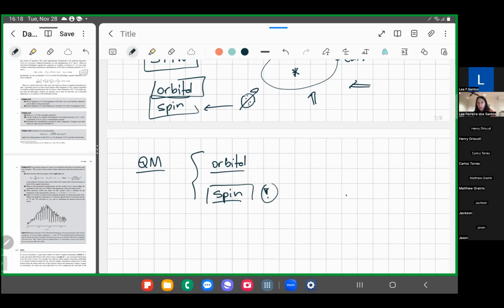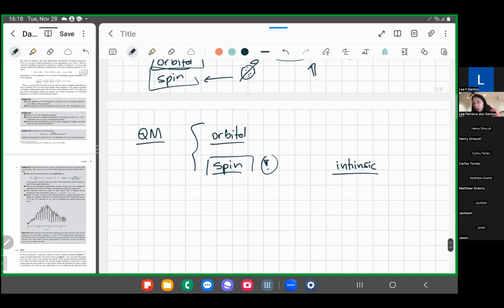It's some property that this quantum particle has. It's some intrinsic property that this quantum particle has. It's like a tiny magnet that belongs to this particle. How do we know that it exists? We apply a magnetic field and these particles react. Okay? Each particle has its own spin.